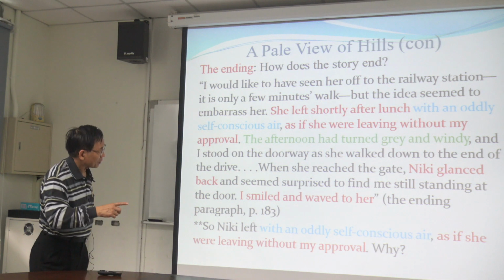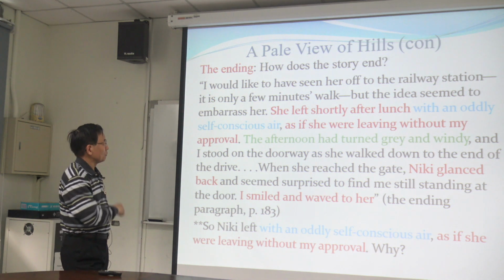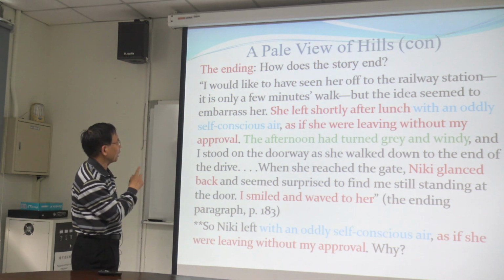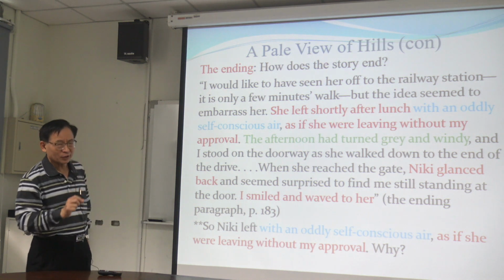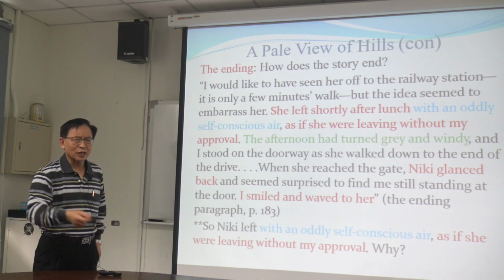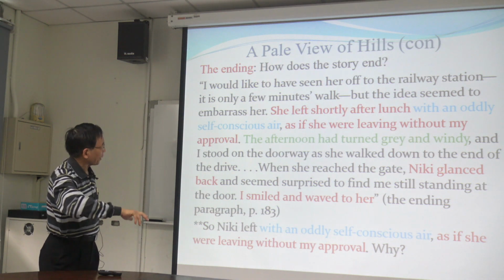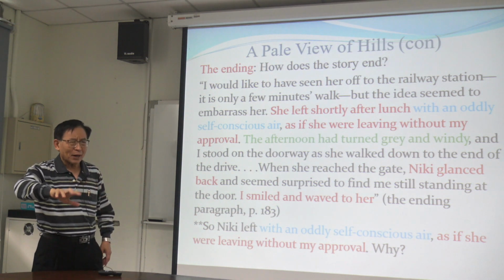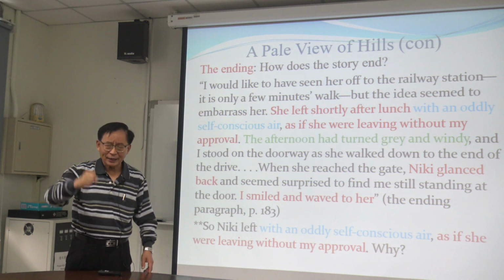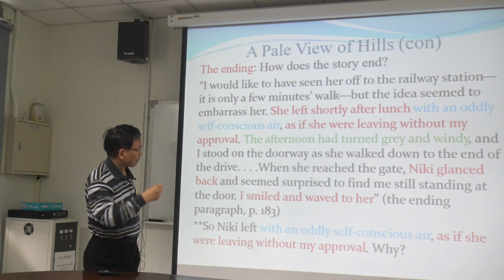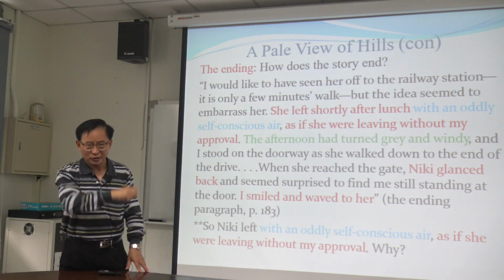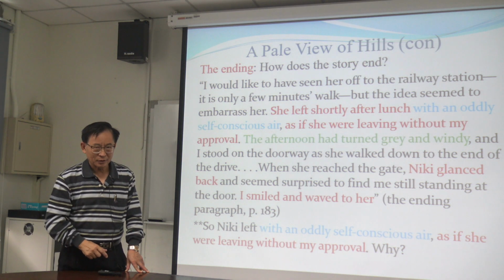And gray brings us back to the title of the novel, A Pale View of Hills. Pale means gray, means vague, means not clear. And gray and pale also remind us of another important topic in the novel that's called memory, Etsuko's memory.